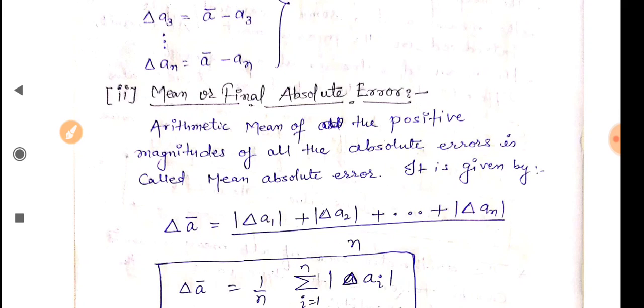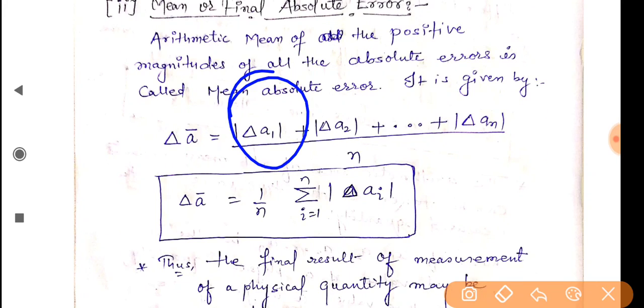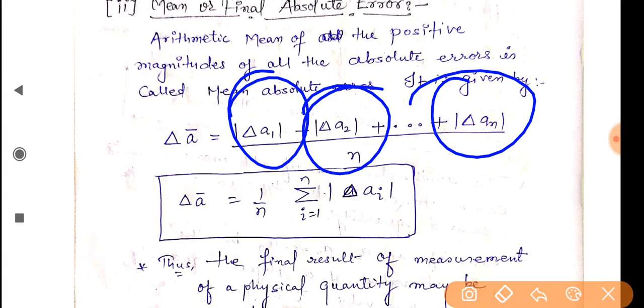This will give you the mean of absolute errors, and this is known as the final absolute error. Dear students, one thing you have to keep in mind is that while calculating the mean absolute error, you have to take the modulus of all the absolute errors. That means you have to assume all positive values. No negative deviations will be considered. All deviations must be positive.